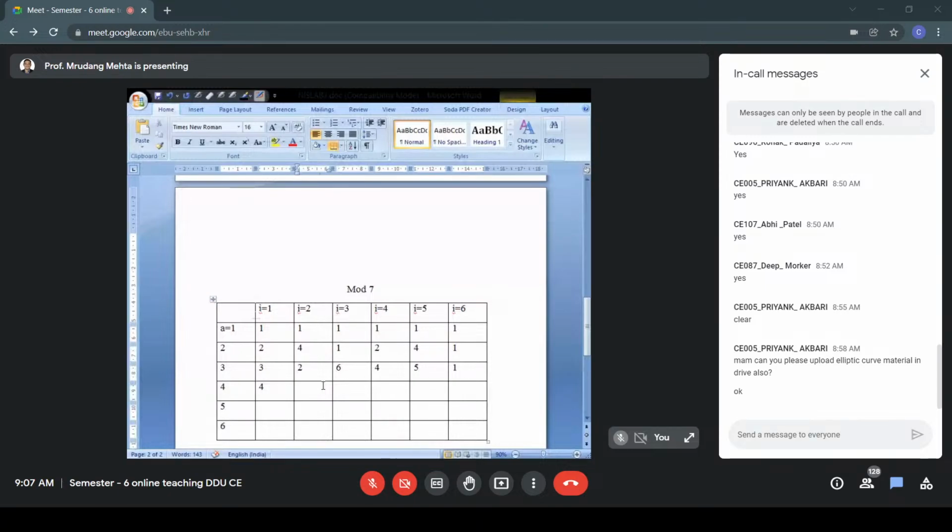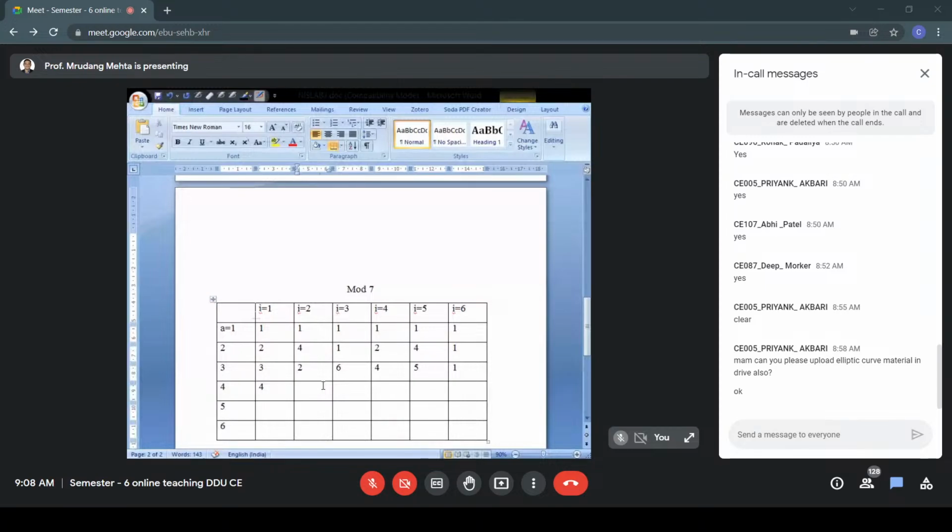So we have found another row in which all elements of Z7 star are generated: 5, 4, 6, 2, 3, 1. They may be in any order, but ensure that the last iteration results in 1. So this is our condition.